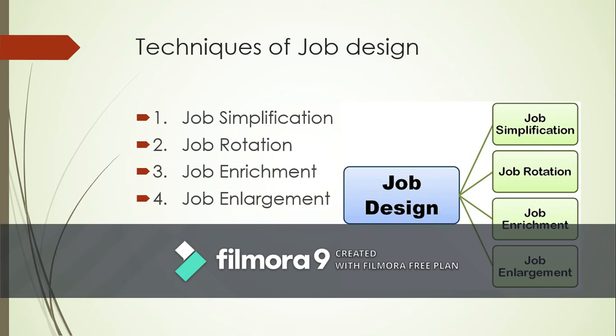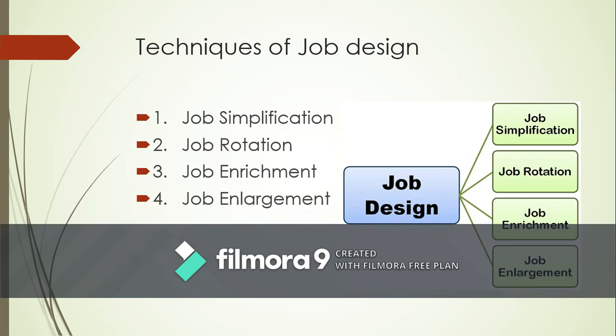An enriched job will have more responsibility, more autonomy, more variety of tasks and more growth opportunities. There are two types of job enrichment: vertical enrichment and horizontal enrichment, which gives way to variety of tasks and more growth opportunities. The employees do more planning and controlling with less supervision but more self-evaluation.